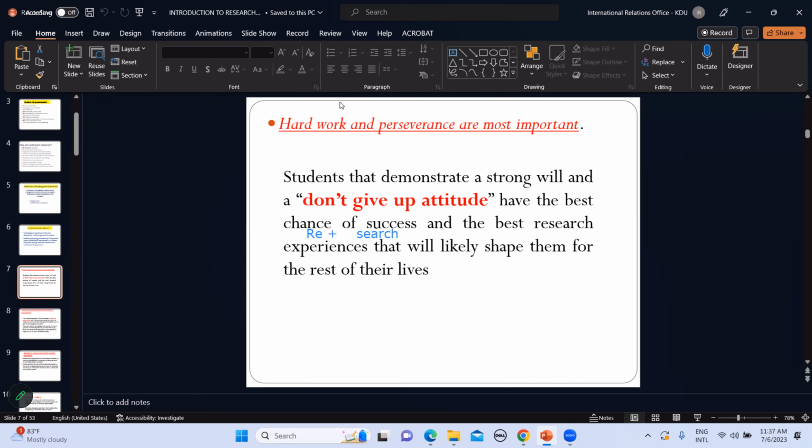You are reading the literature, and sometimes you feel, oh my God, I should pack my luggage and go back to Sri Lanka. No, not that way. Students, you understand me? We should not give up. If you spend a few more months, you will gradually gain. Don't give up.